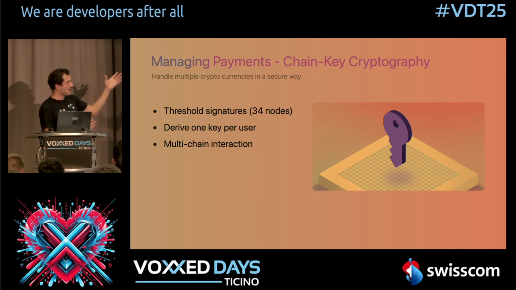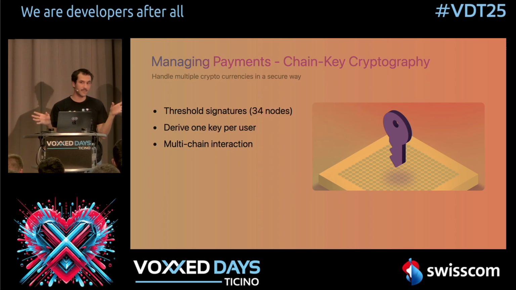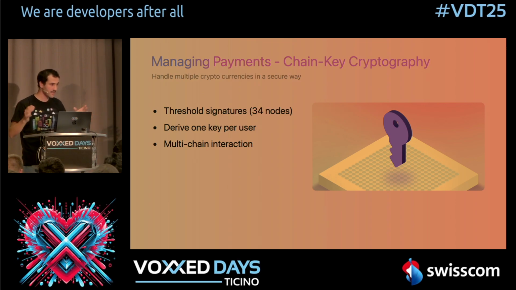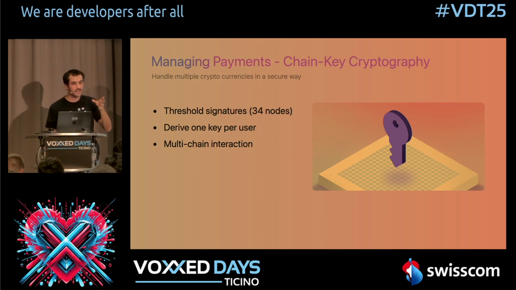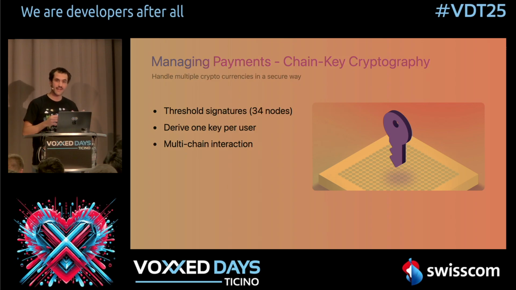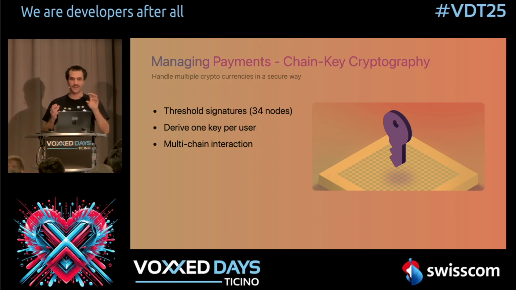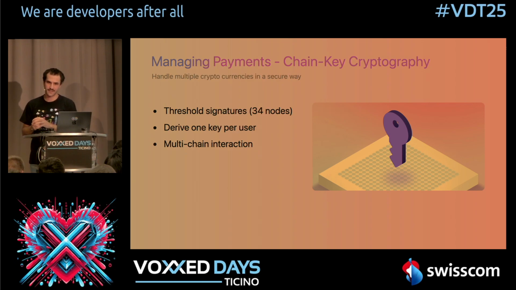As we said, it's gonna be multi-chain, so this system enables us to sign almost any type of transaction for any blockchain. And also, we need to make sure that the users have access to those funds, right? Because we are gonna sign transactions for them, but we need a way to enable them to trigger the signature on our backend.